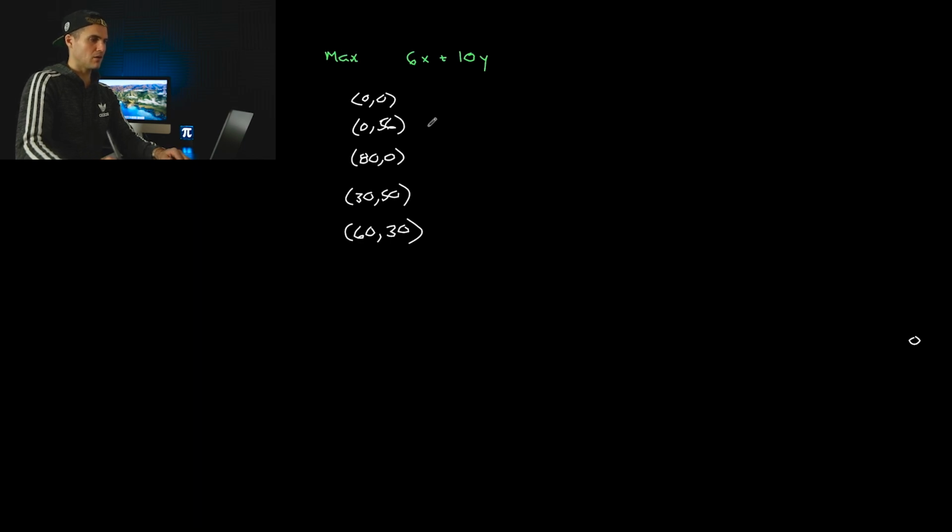And so from here, all we have to do is see what profit, this is our profit function, are we going to get from these vertices of the feasible region, and which one's going to give us the maximum profit. So we can maybe put P is equal to 6x plus 10y. And so what would the P value be if we plug in 0 for x, 0 for y? Well, for this vertex, it's obviously going to be 0.